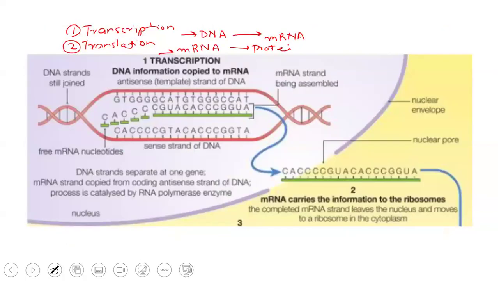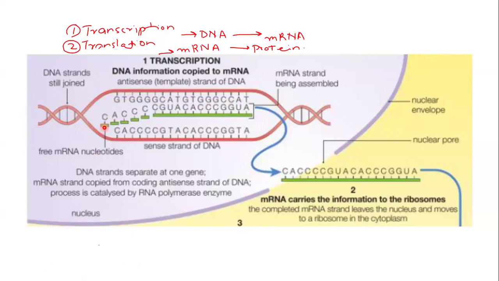Now, what happens is this. On your DNA, you have your genetic sequence. So we have a strand of DNA over here. This is the genetic sequence found on the strand. Let's say this is the sequence for making insulin. What is going to happen? The strand is going to open up.